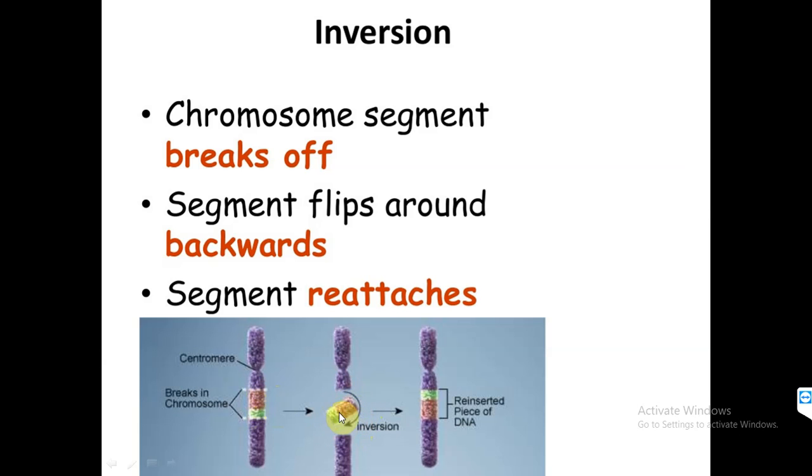So now this green portion and this brown portion, one is upwards and one is downwards. After the 180 degree flip, the green portion comes here and the brown comes here. Again we can see that there is no change in the size or shape of the chromosome, but still there is a mutation, because the gene present here and the gene present there were different, but now that inversion has happened, the complete base sequence will change. So this is the inversion.